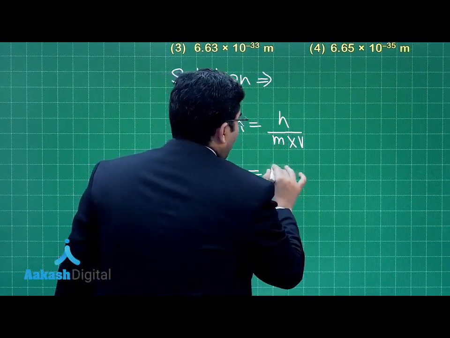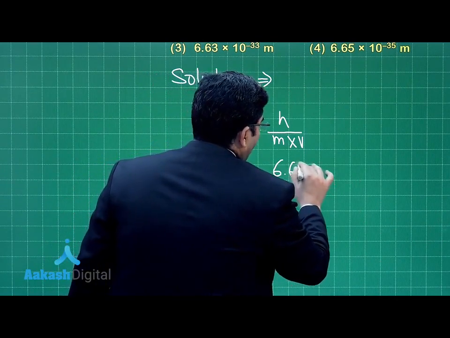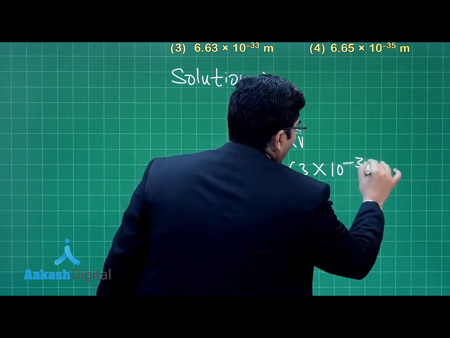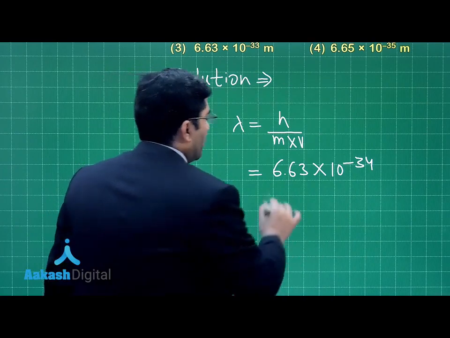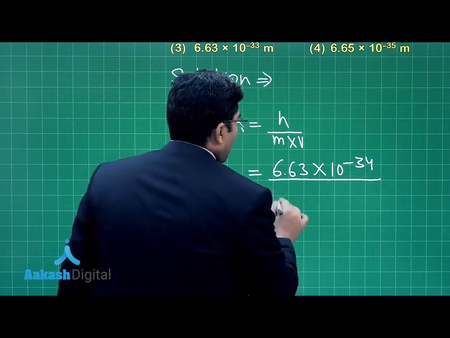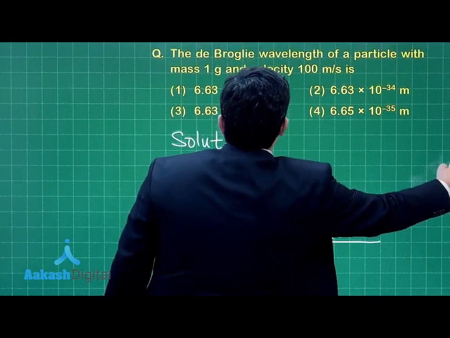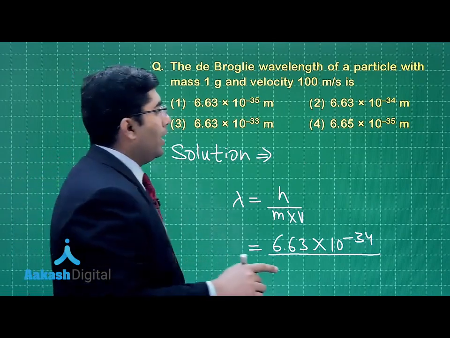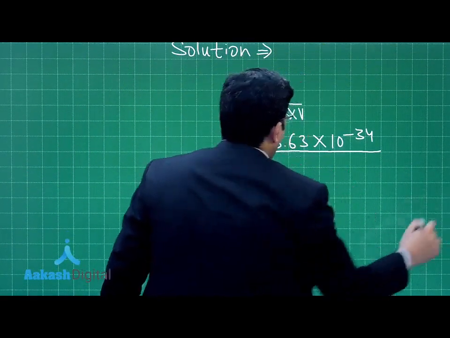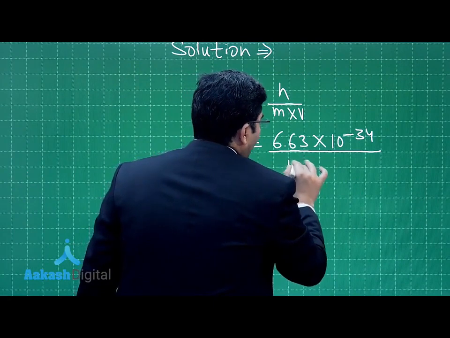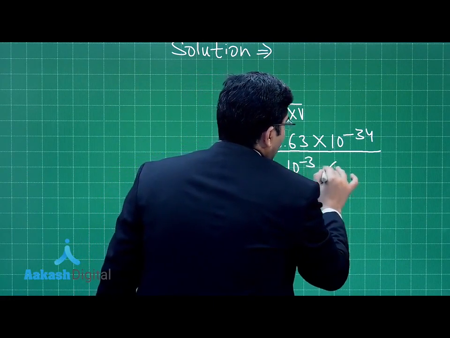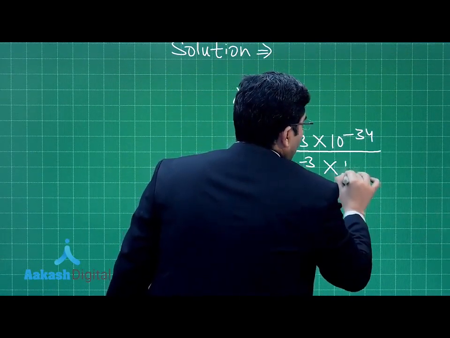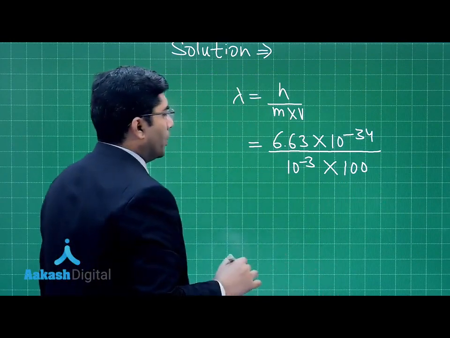We will put the value of h, that is 6.63 multiplied by 10 to the power minus 34 approximately, divided by the mass, that is 1 gram. Now in this case we have to convert the mass into kgs, right? So this will be 10 to the power minus 3 kgs, and velocity is also given to us, that is 100 meter per second, right?